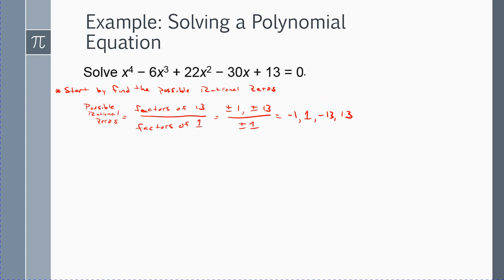Just to expedite this example, do you notice how you have some positives, some negatives here? I'm just going to pick positive 1. Let me just see if positive 1 is a rational zero.